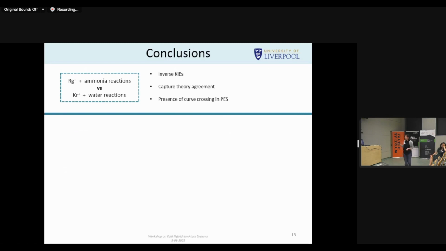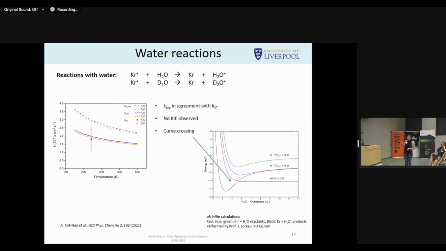If I go back to this figure, you might notice that our temperature, our collision energy, to call it a bit more correctly, is not that low. We are around 200 or 250 Kelvin. So what we think is that actually the ADO model, because the classical model might be better at describing this system.